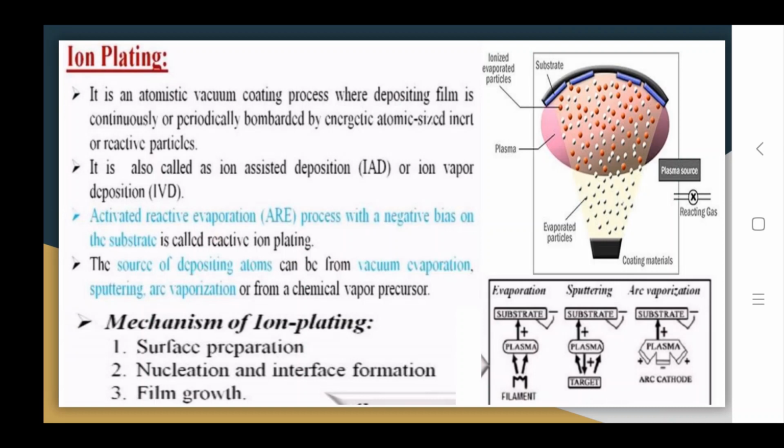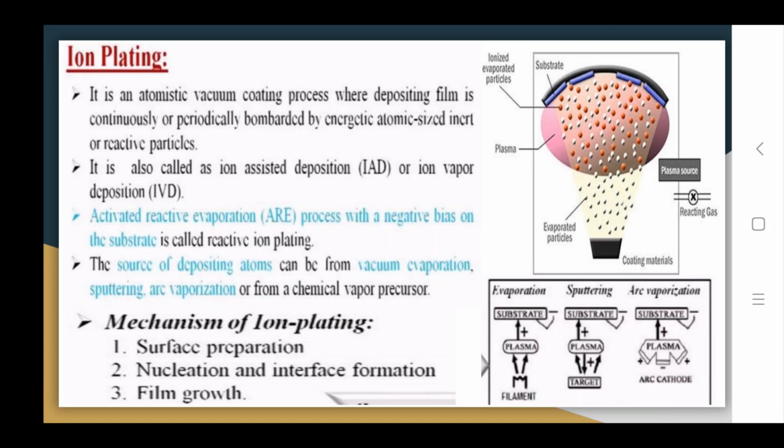But here you use a target material that forms a plasma, and that plasma hits the target material, and some atoms or molecules go and deposit onto the substrate. Here you make the plasma directly by the arc cathode method, and then that plasma itself is deposited onto your substrate material.